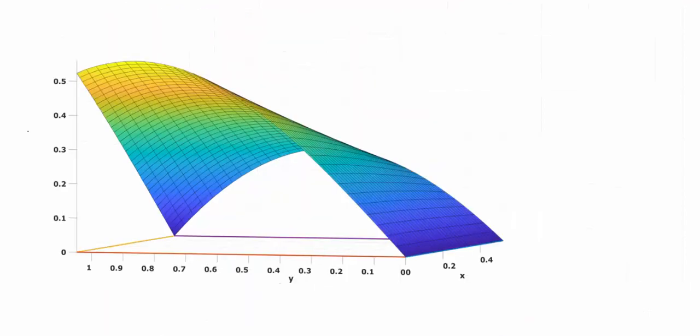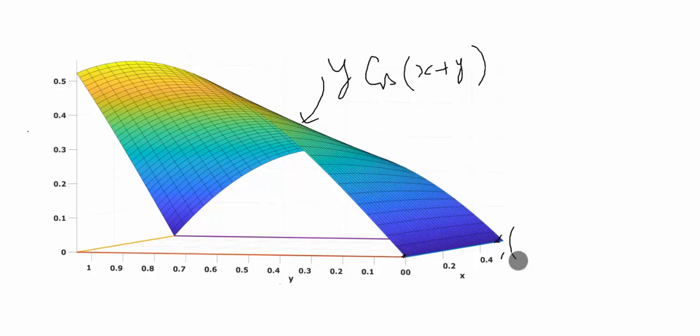So this is the surface y times cosine of x plus y, and here we have the corner points: 0, 0; pi over 6, 0; and 0, pi over 3, 0.